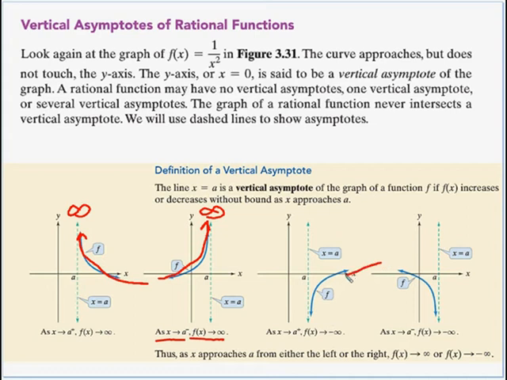As we approach from the right-hand side, we are heading down toward negative infinity. So as x approaches a from the right, the function heads for negative infinity or decreases without bound. And our last one here, of course, again, our asymptote x equals a. As we approach from the left-hand side, we are heading down toward negative infinity. We are again decreasing without bound.